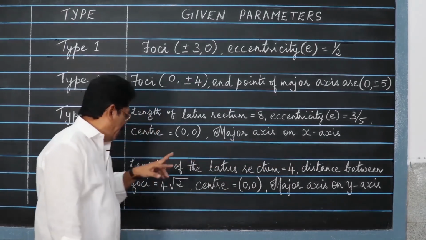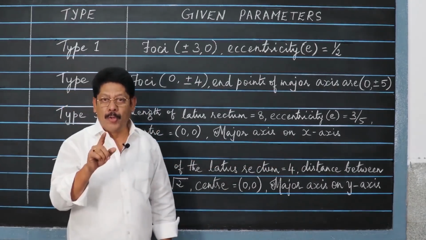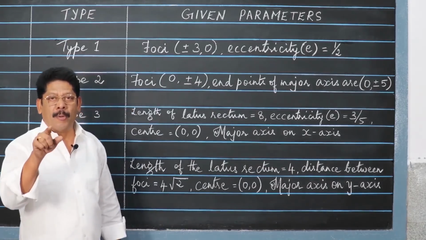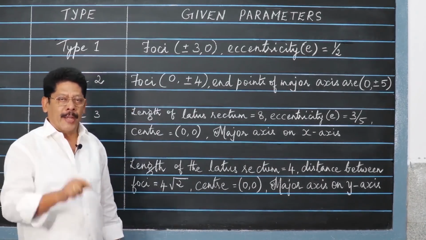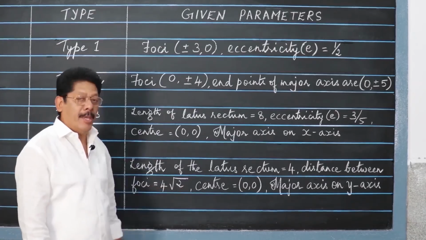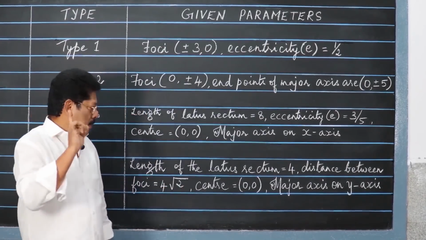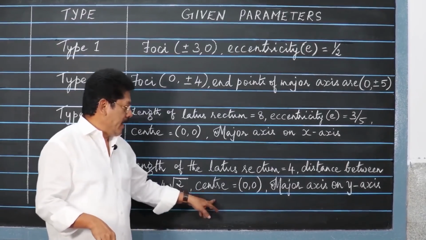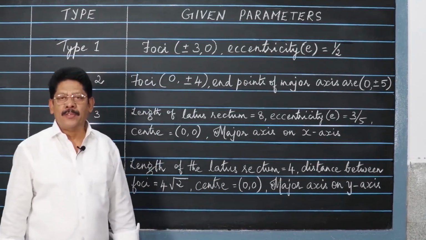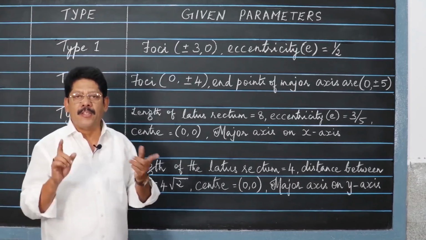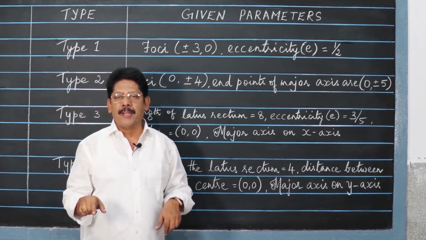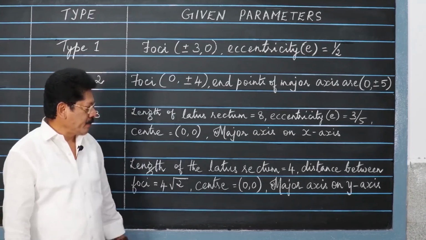Then, the distance between the foci is equal to 4 root 2. For this, you must know the formula for the distance between the foci. The distance between the foci will be equal to 2ae. That will be your second equation. Center is 0, 0. So, that is very clear. That center 0, 0 is representing h comma k.